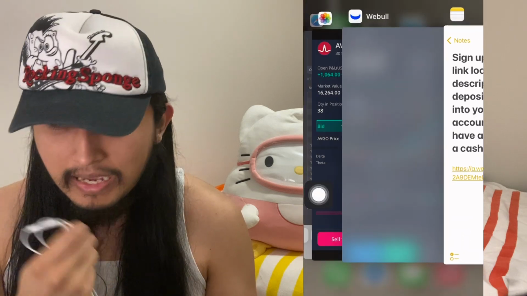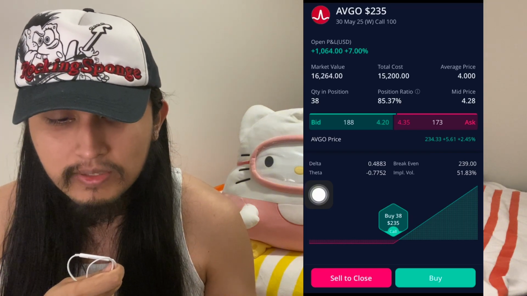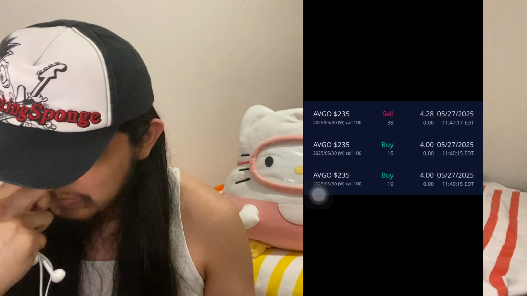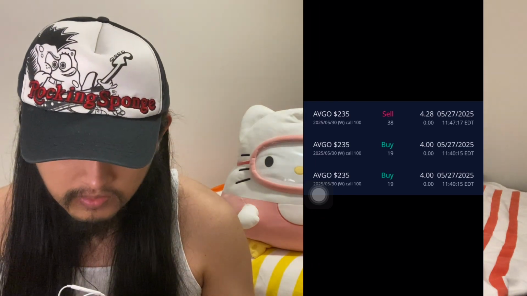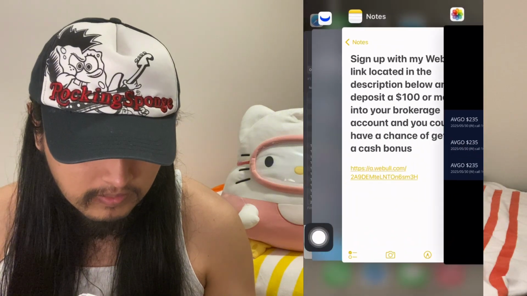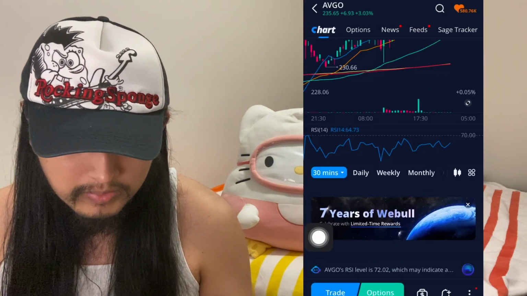And basically, how did I make $1,064 trading AVGO call options? So looking at AVGO at 1140 on the 30-minute time chart.